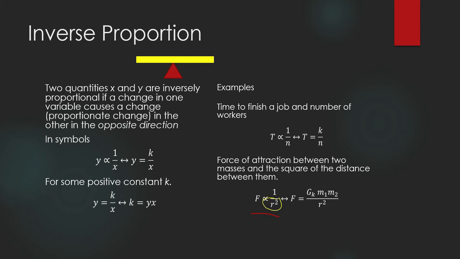That is written in equation form in this way. The force of attraction is equal to G sub k, the gravitational constant, times the product of the two masses divided by the square of the distance between the two masses. So the constant of inverse proportionality is given by G sub k.